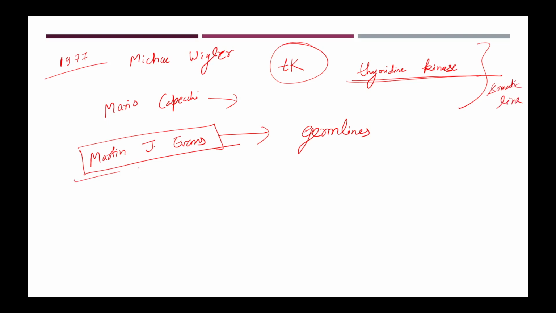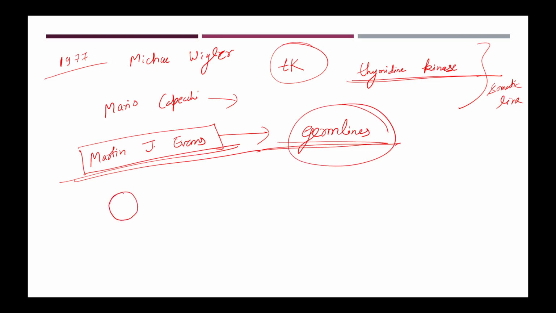But Martin J. Evans basically worked in the germ lines, and those germline cells are pluripotent in nature and can be targeted for special kinds of differentiation further.